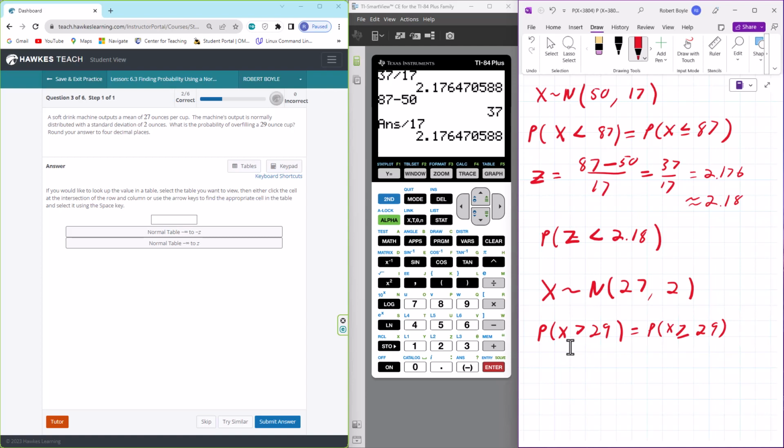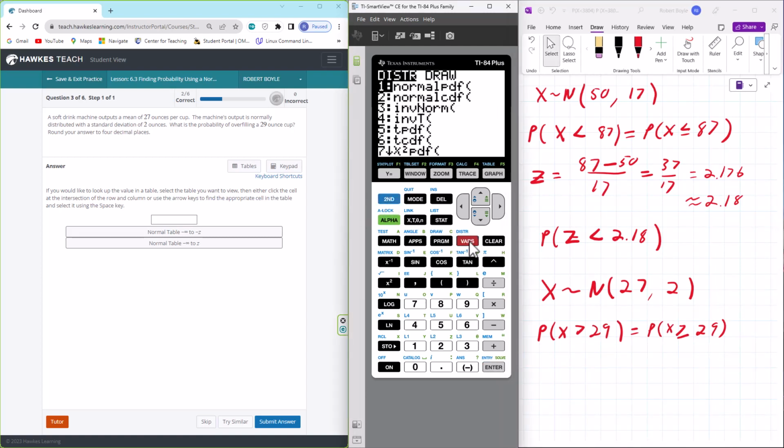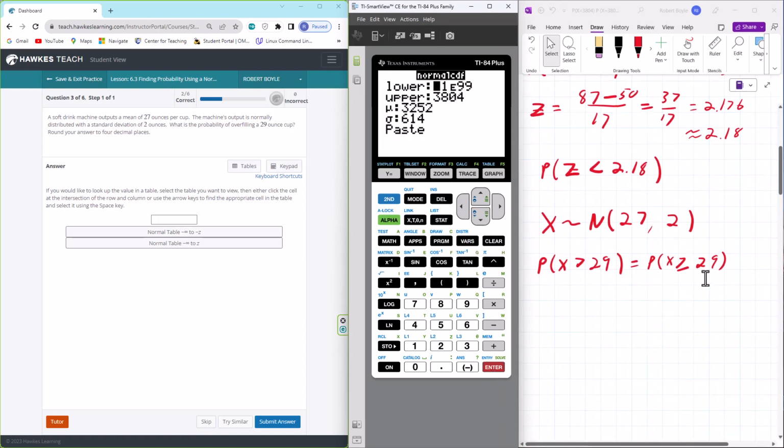Now we're going to use our calculator for this one. Let's go into second distribution, normal CDF as before. This time our lower limit happens to be 29. Our upper limit is the largest value the calculator can take, which is 1 second comma 99. Our mean is 27. Standard deviation is 2.